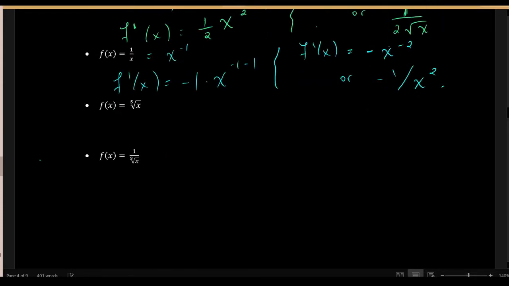How about the fifth root? I encourage you to pause the video and try to find the derivative of the fifth root on your own. Now that you've tried it, let's rewrite the fifth root as x to the power 1/5. Then f prime would be 1/5 x to the power 1/5 minus 1, which is negative 4/5.